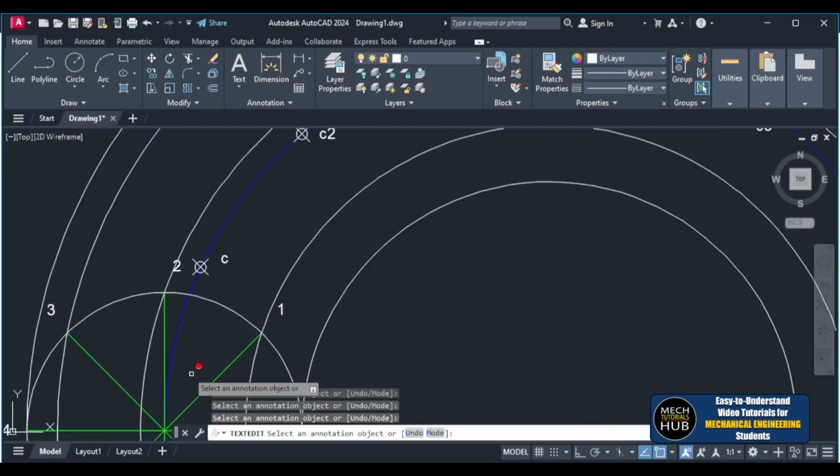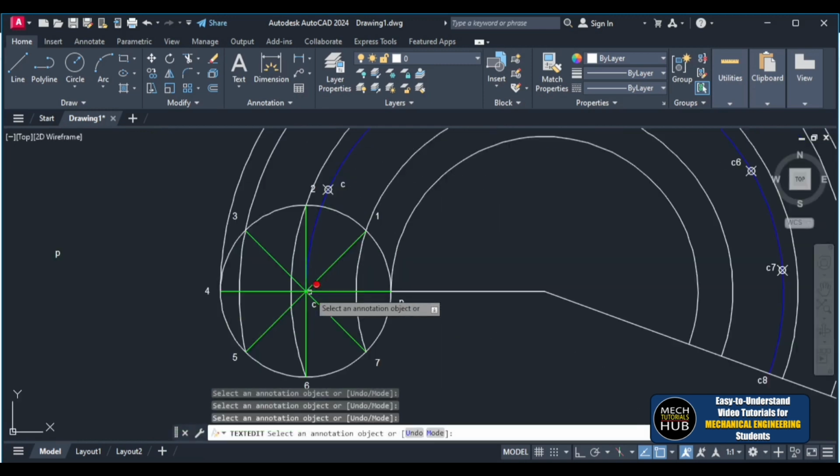Likewise, notations are taking enough time. C1.